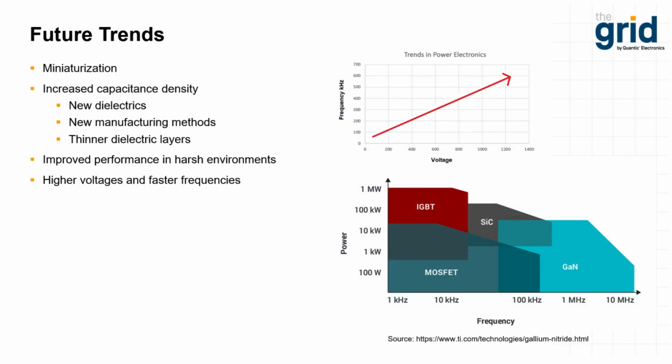There is a universal demand for electronics to get smaller and smaller over time, as you folks may know, and capacitors are getting smaller as well. In the case of electrostatics, this is being achieved with new dielectrics, thinner layers of that said material.